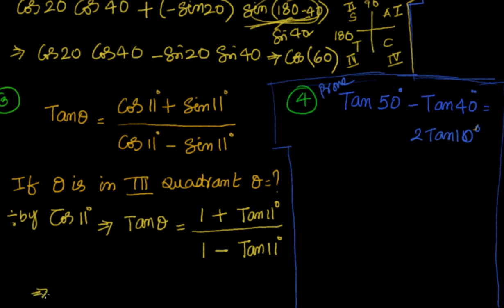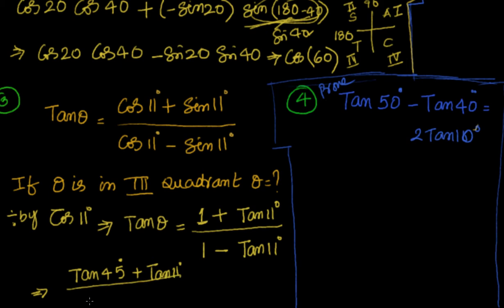Now see what is the value of 1 in terms of tan, because I see that this is something like tan A plus tan B by 1 minus tan A tan B. So if tan A equal to 1, what will be the value of A? It's equal to tan 45. So I can write it as tan 45 plus tan 11 by, what is the formula?